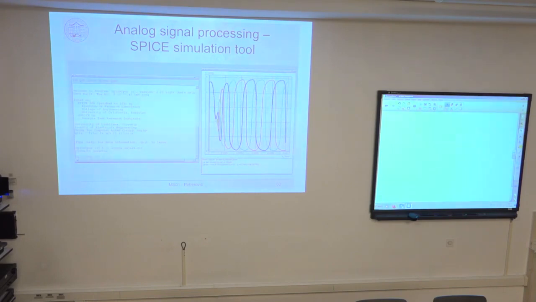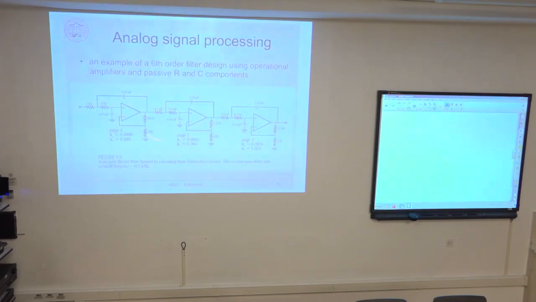Why is this important? Because all of these components, resistor, capacitor, they do not behave ideally. So these resistors, they have parasitic capacitance, parasitic inductance, as well as capacitors. They also have the parasitic resistance or some kind of inductance. And if you don't take this into account, then you would have some kind of not exact simulation.